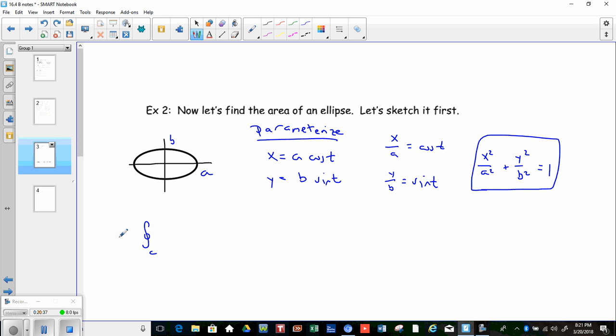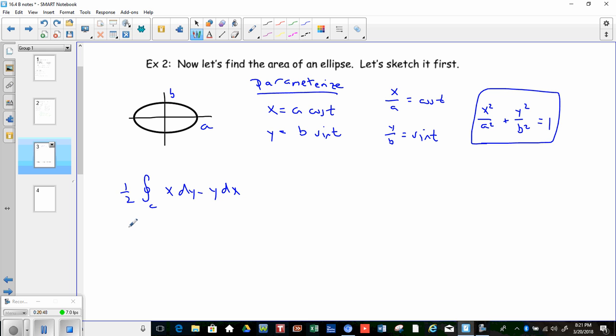works for 1/2 of x dy minus y dx. All right, so 1/2. Again, we're going all the way around this thing, so it's still polar, so we're still going to go 0 to 2 pi. X was A cosine t.